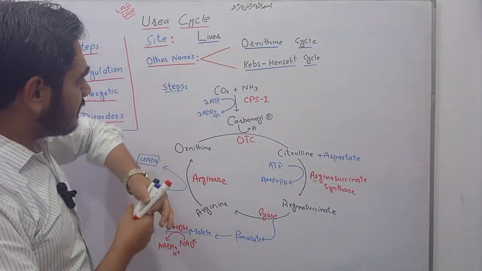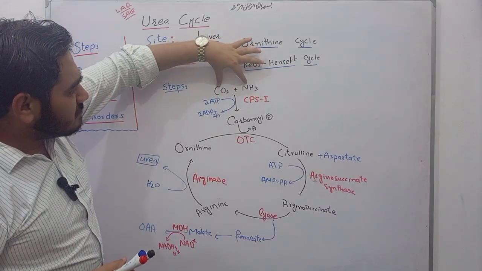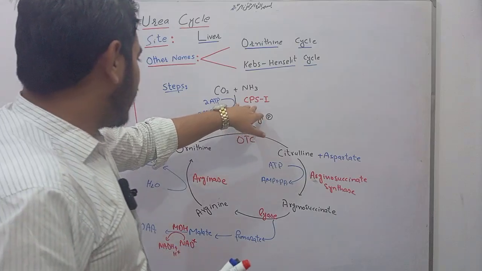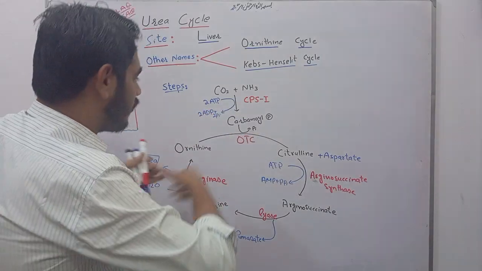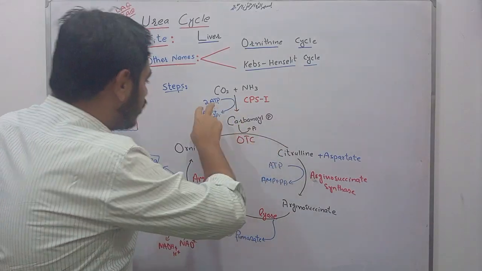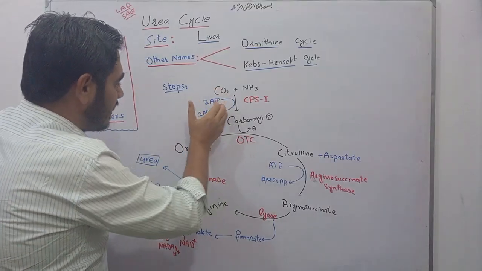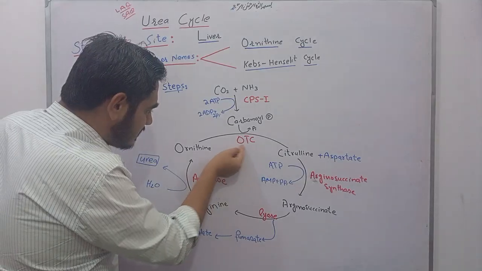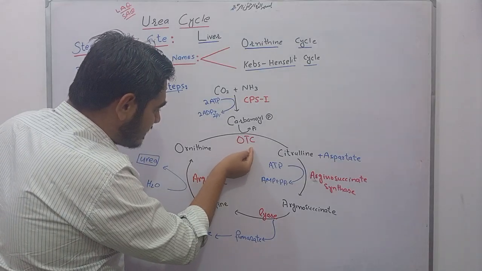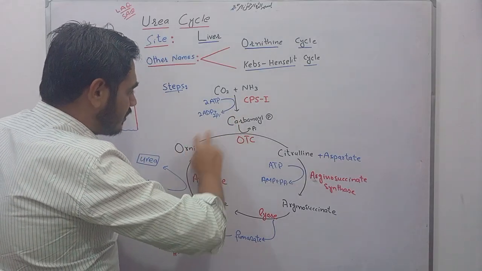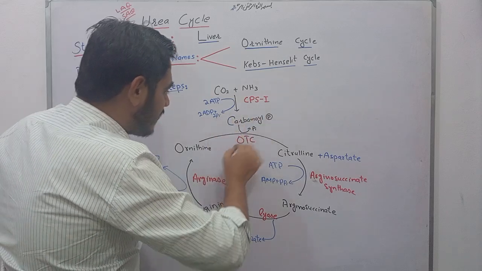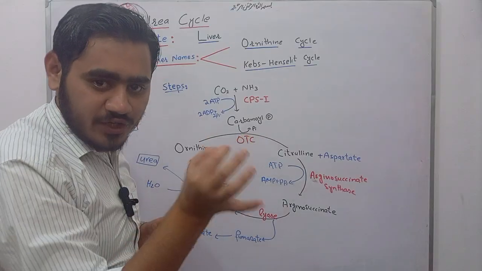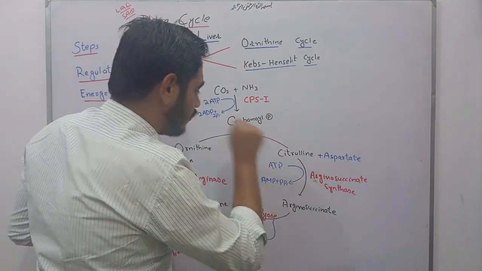I am repeating that there is a condensation of carbon dioxide and ammonia. With the help of carbamyl phosphate synthase 1, there is a formation of carbamyl phosphate. Two molecules of ATP are utilized in this reaction. In the next step, with the help of ornithine transcarbamylase enzyme, there is attachment of ornithine with carbamyl phosphate, and this phosphate group gets released in the form of Pi, that is inorganic phosphate, and there is a formation of citrulline.